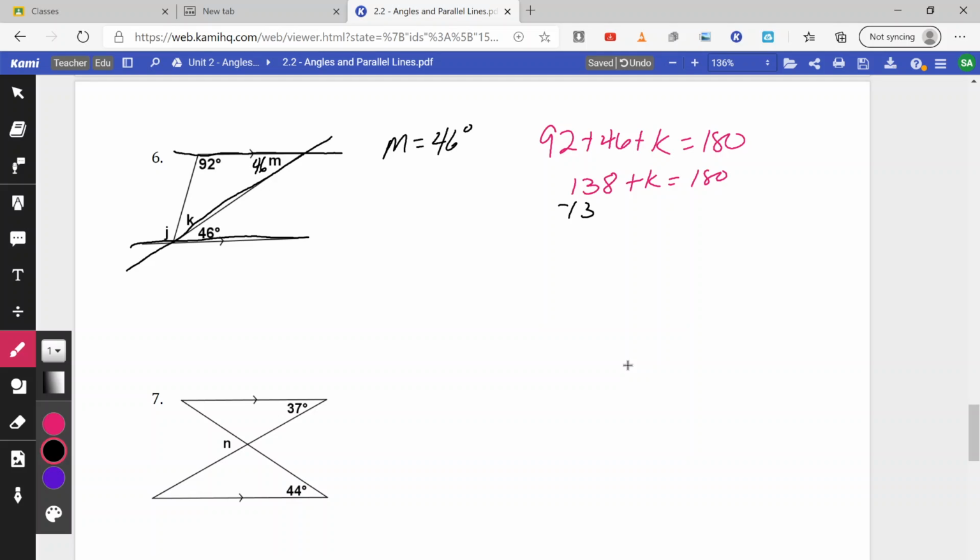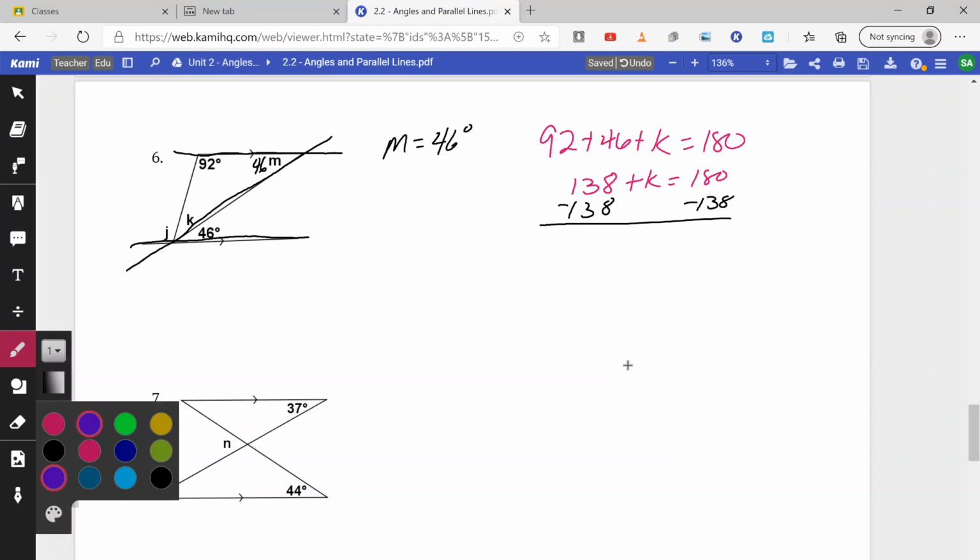We'll subtract 138, and we get K is equal to 42 degrees. So 46 for M, 42 for K.